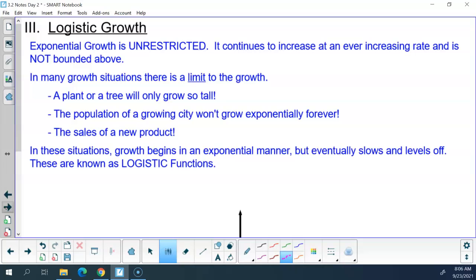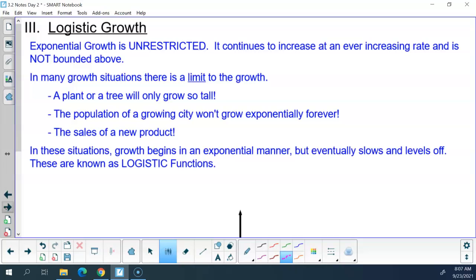Correct? But there's a problem with that. For instance, let's take population. Population has for years been considered exponentially growing. The more people on planet Earth, the more babies, and then there's more people. It's an exponential growth problem, right?